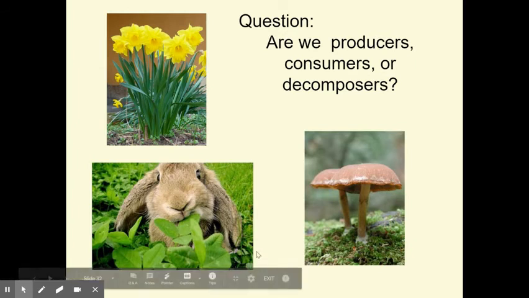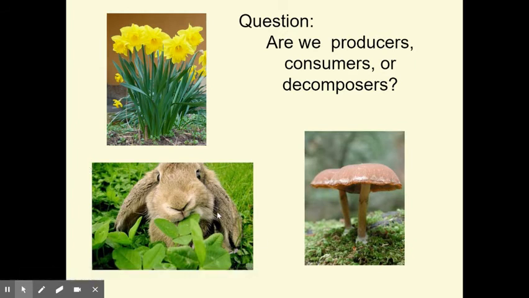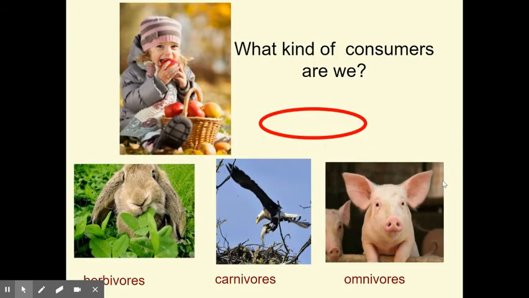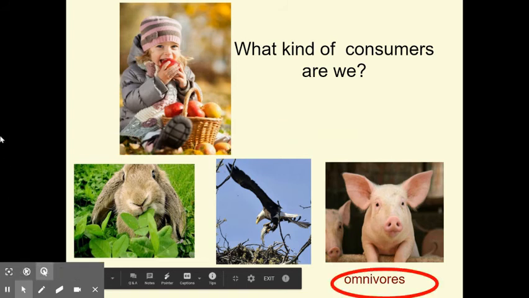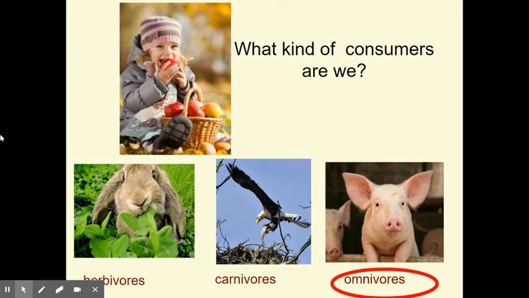Do we eat other living things like plants and animals to get our energy? Yes, we are consumers. What kind of consumers are we? Are we herbivores, carnivores, or omnivores? If you said omnivores, we eat everything, we eat both plants and animals, then you are correct.